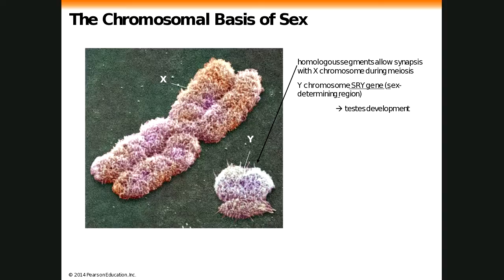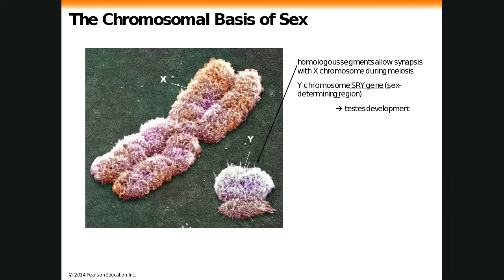The typical way it's done in human beings is you have homologous sex chromosomes, just like you have every other pair of chromosomes, just like number 2 paternal has a number 2 maternal. All of those things that we talked about in meiosis. You only have one pair of sex chromosomes.